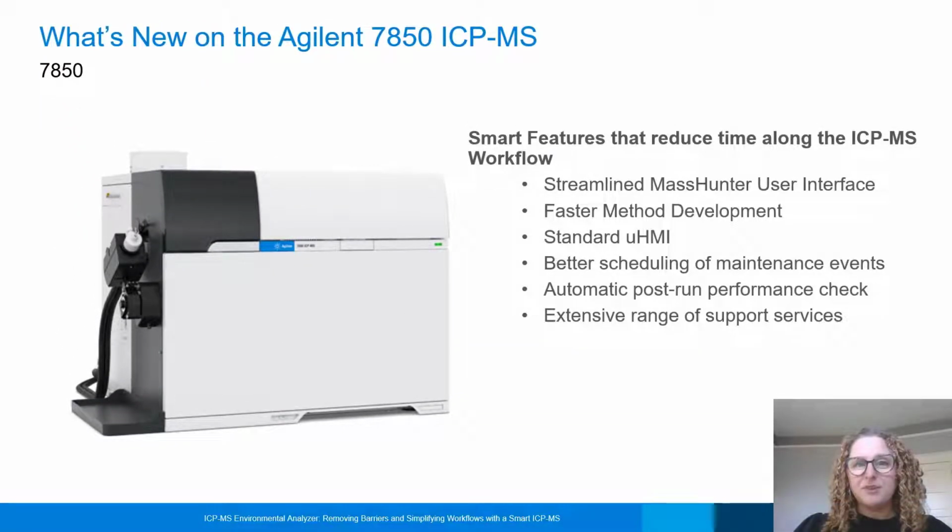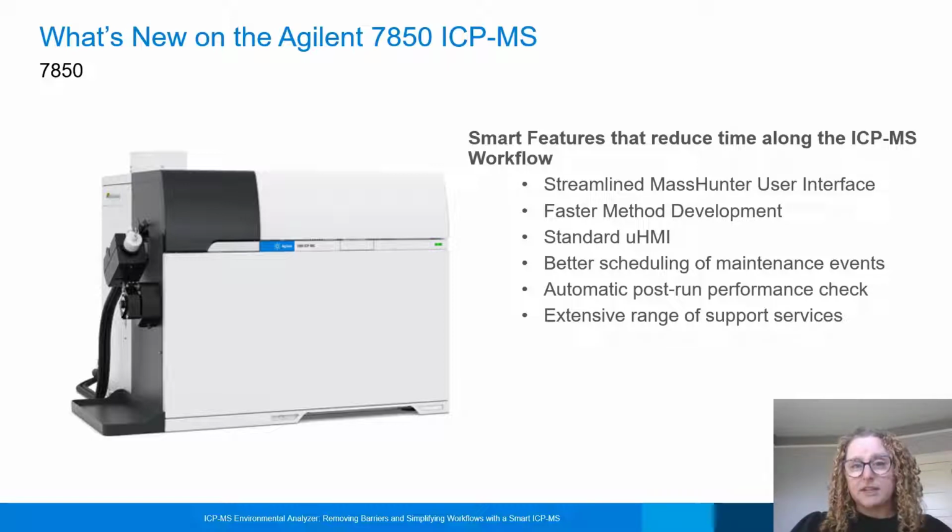So what is new on the Agilent 7850 ICP-MS? We have heard from many of our customers that they want us to help them reduce time along the ICP-MS workflow. So we have come up with smart features to help make that happen. Some of the new features are a streamlined MassHunter user interface for faster method development.